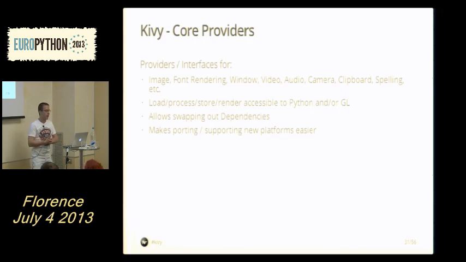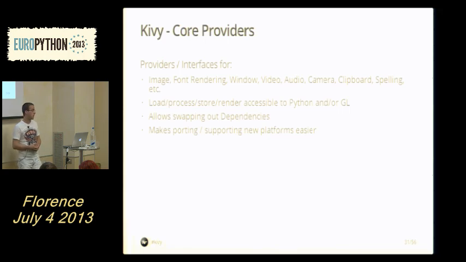We have core providers. You don't really care about it, but when you load images, render text, or load a video, depending on the platform, we might use a different provider. On desktop, we are using GStreamer for video, but we were not able to use it on Android. So we compiled FFmpeg, and we switch from one to another.